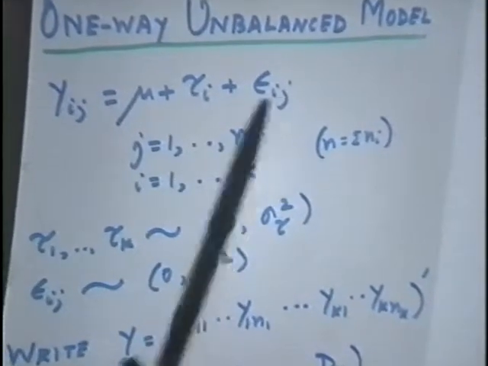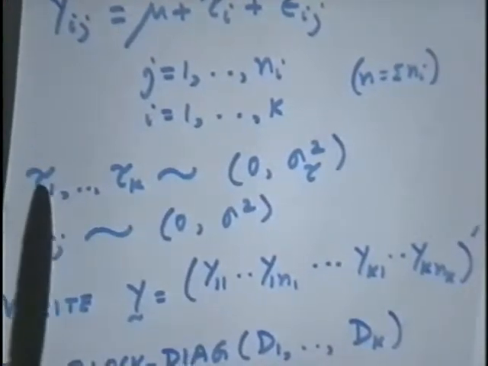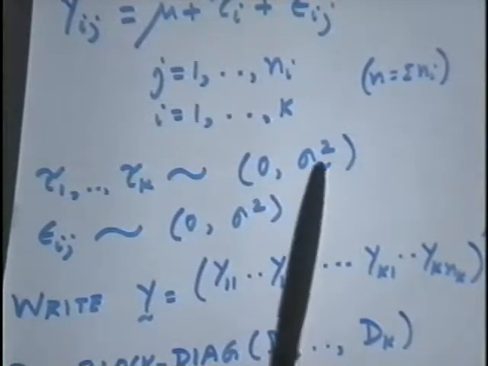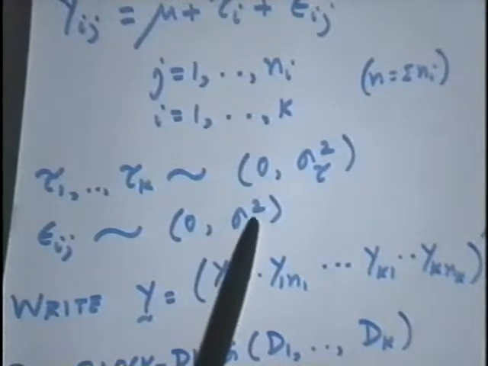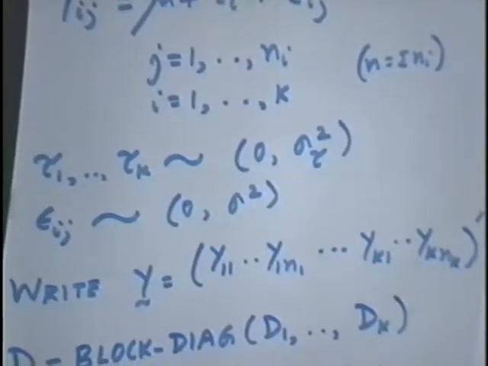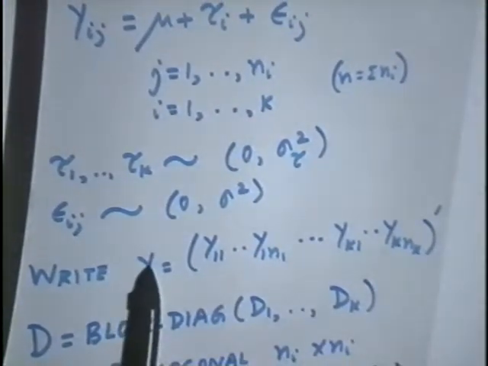You have the usual model mu plus tau_i plus epsilon_ij, and we assume that the tau_i's are all uncorrelated with mean 0 and variance sigma square tau, and the random error component has variance sigma square. And what I do is stack all the y_ij's up and denote this by a vector y.